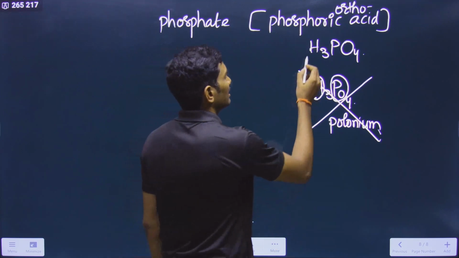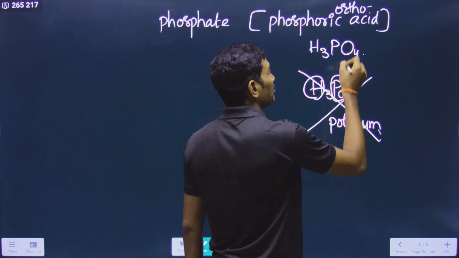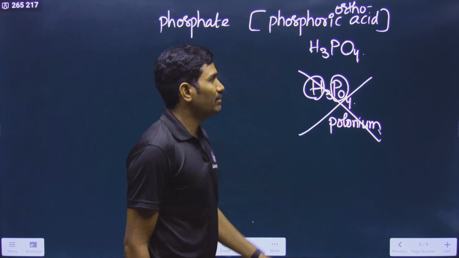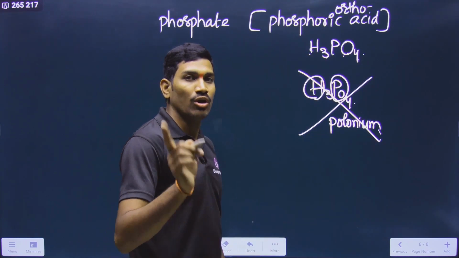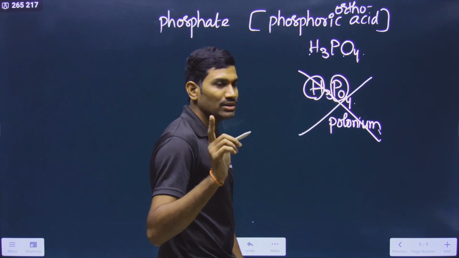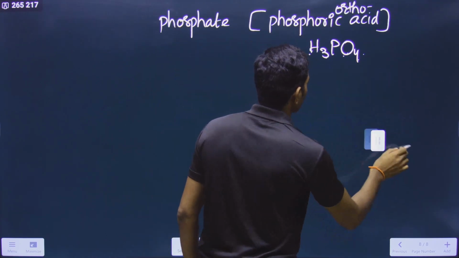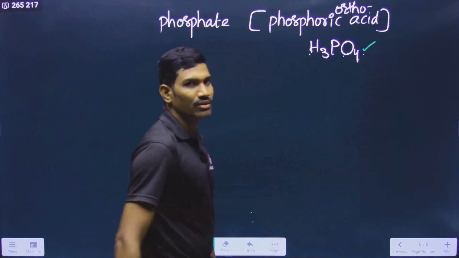So what you need is capital H, subscript 3, capital P, capital O, 4. Now this is hydrogen, this is phosphorus, this is oxygen. You need to know how to write it also. Many students write small o instead of capital O, that is wrong. Please observe carefully. So it is H3PO4 like this.